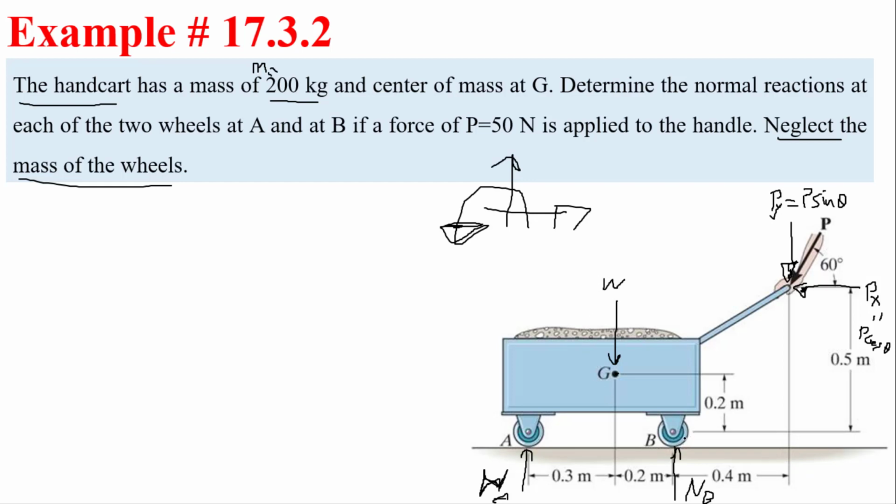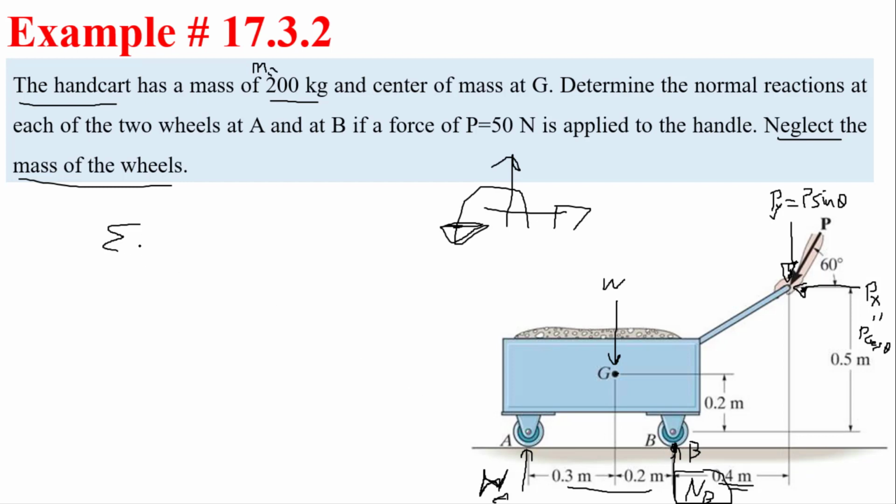But if we take it about point B, we will cancel out the reaction NB, because it's passing through this point, and every distance is given. So we'll take it about B.